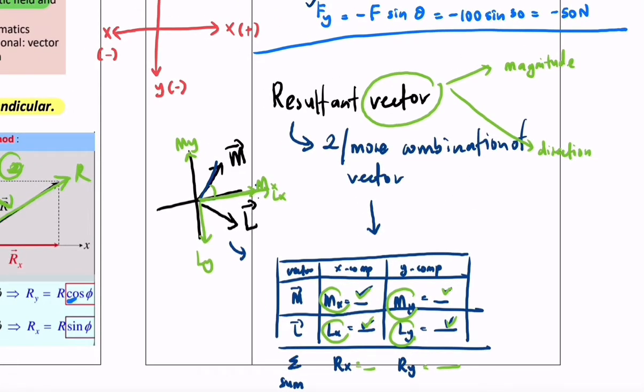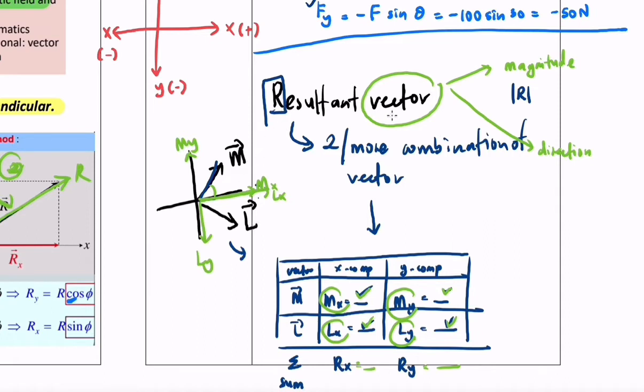Okay, and this one is important too. For the magnitude, the formula to find the magnitude is R. Why does Miss use R? Because R now refers to the resultant. The resultant is the sum, the sum of two vectors. When we add vector M with L, where is the resultant vector?